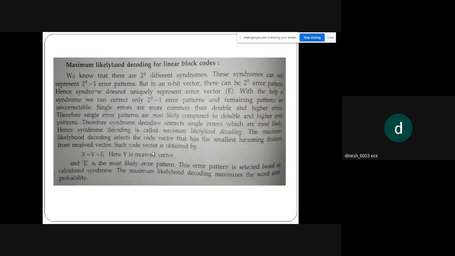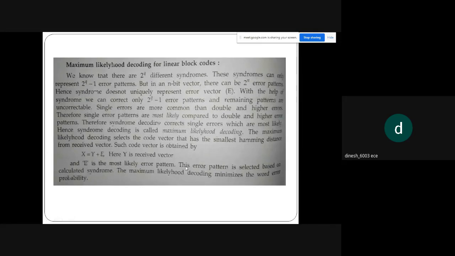Next, we can use maximum likelihood decoding also, such that we get errors to be rectified where errors are more than 1. The syndrome decoder is optimally used only for correcting single errors. If only one error is produced, we can easily correct it by this.